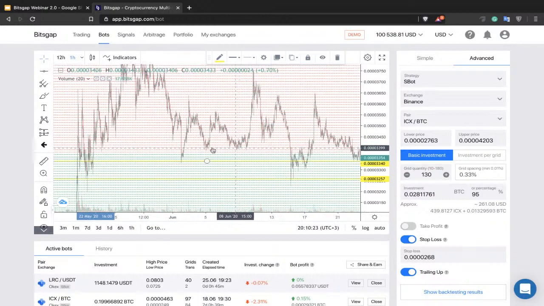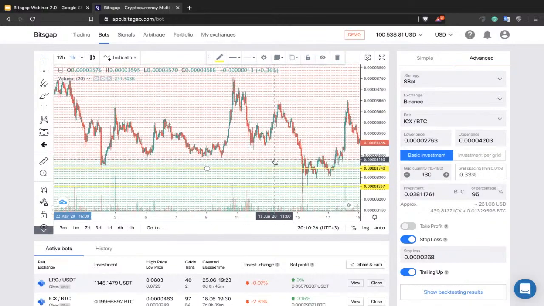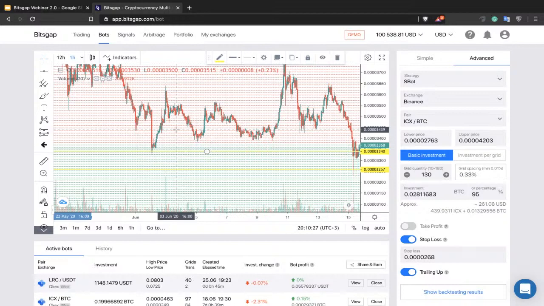So if we were at that point in time, I wouldn't launch the automated trading bot at that price, I would wait for the price to bounce off the support level. So I would enter somewhere at that point.